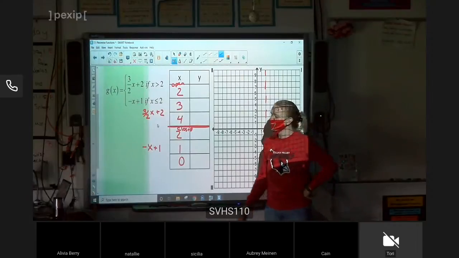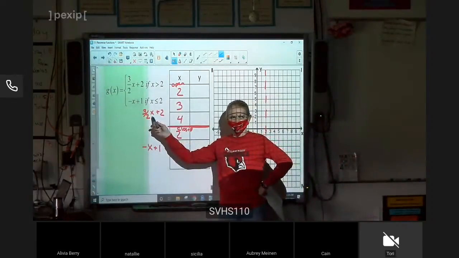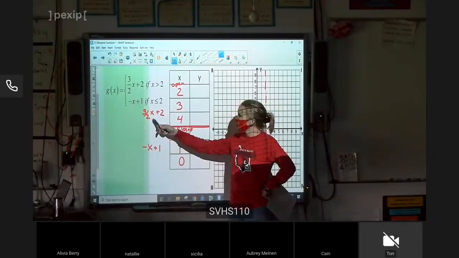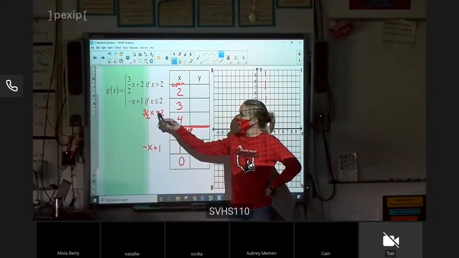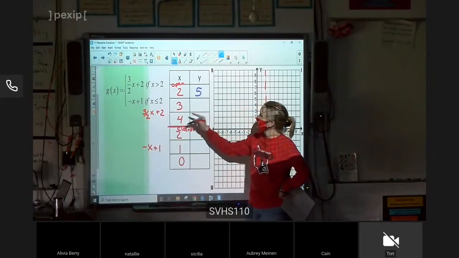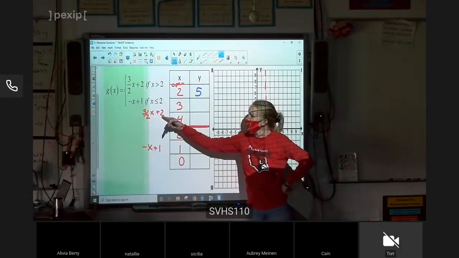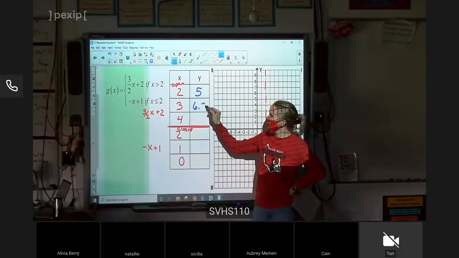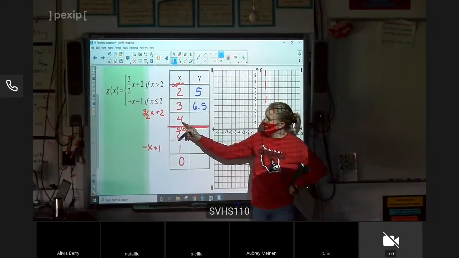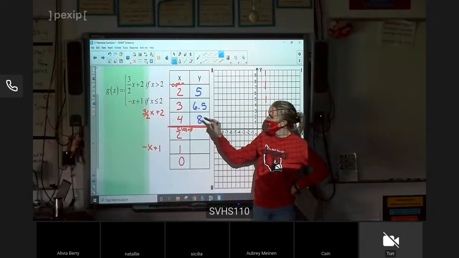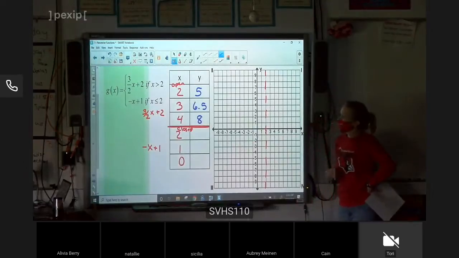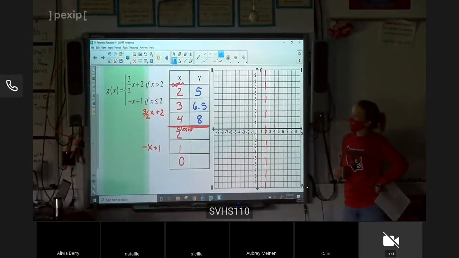3/2 times 2 would just be 3, and then plus 2 more would be 5. 3/2 times 3 would be 4.5, plus 2 would give you 6.5. 3/2 times 4 would be 6, and then plus 2 would be 8.